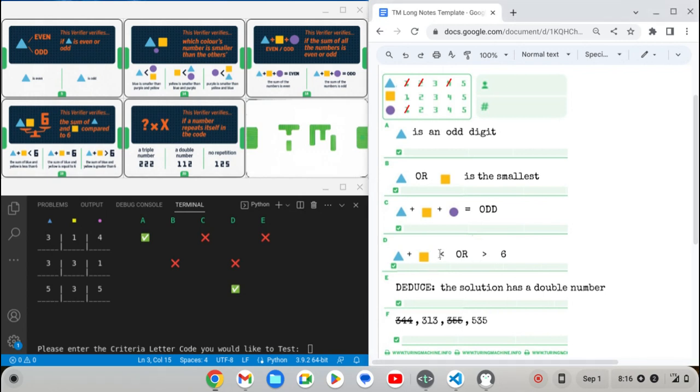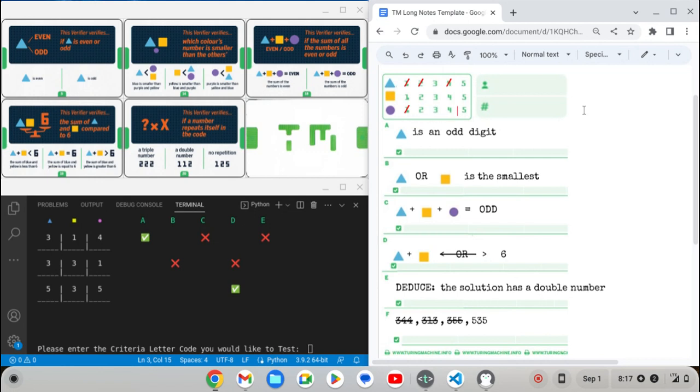So let me go ahead and cross out the less than and the or. And so yeah, the sum of the first two digits is greater than 6. So were the other two that I crossed out. But of course, those two have triangle as the smallest. And since 313 has a sum that's smaller, let me cross it out. And so yeah, I feel pretty confident that 535 should be the answer.